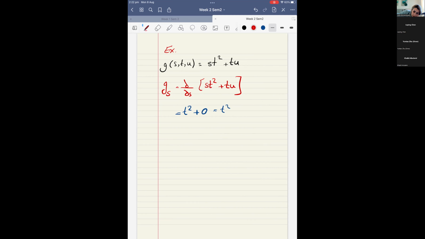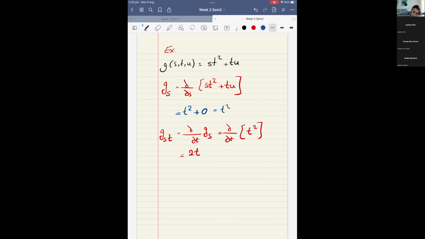Okay. What about gst? gst means the round of the t of the gs, and gs is t², yes, and the answer is 2t.